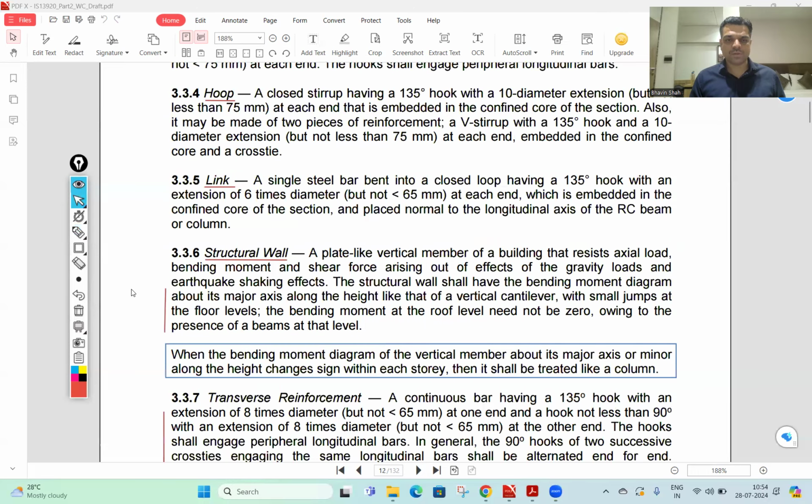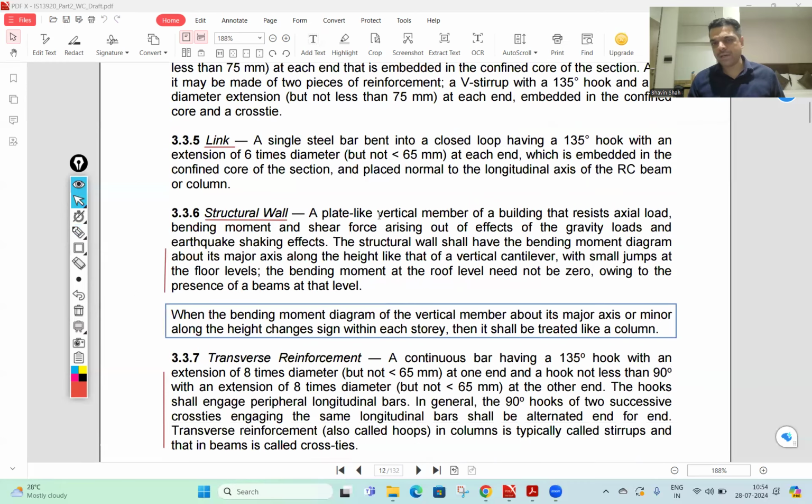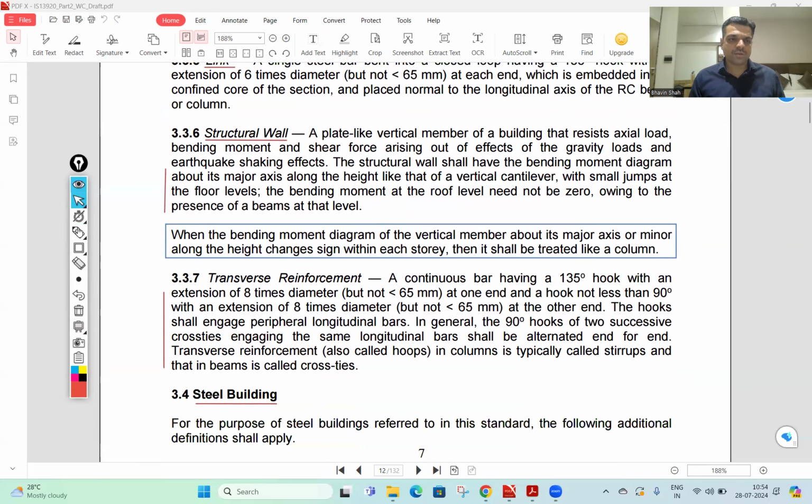Cross tie, hoop. Structural wall is, of course, a plate-like vertical member of a building which resists the axial load, bending moment and shear force. Now here, this is the new requirement. When the bending moment diagram of the vertical member about its major axis or minor axis along the height changes sign within each story, then it shall be treated like a column.